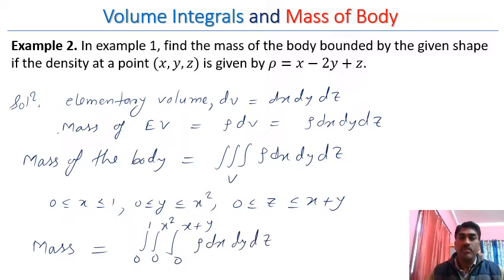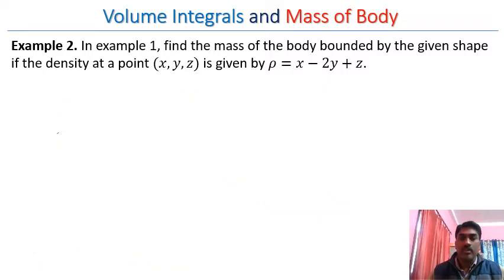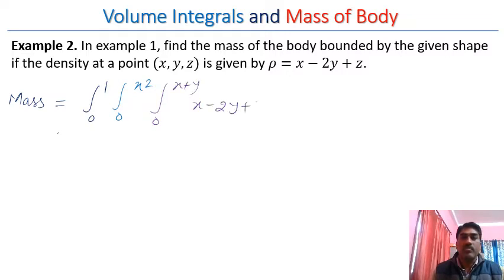Now we will put the value of rho in this integral. So mass is equal to this 0 to 1, this 0 to x square and this 0 to x plus y, x minus 2y plus z dx, dy, dz.